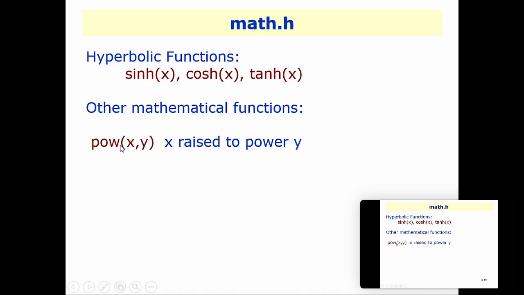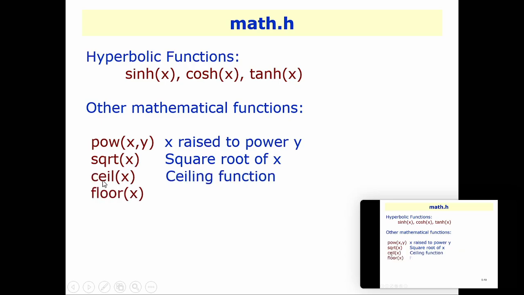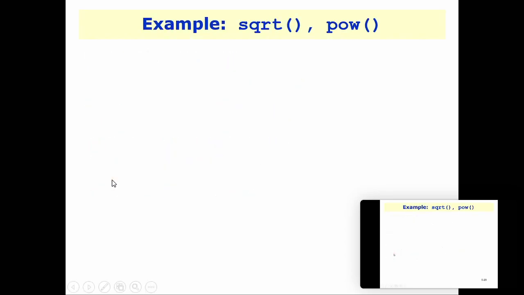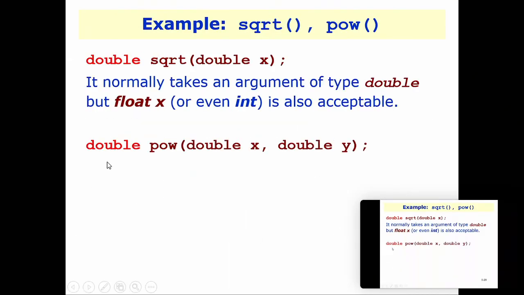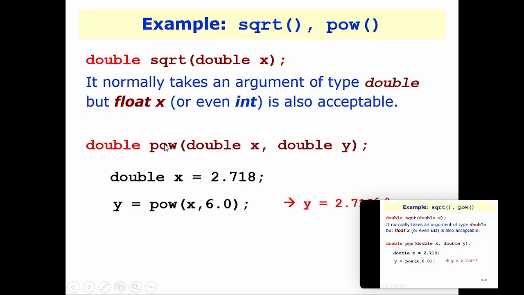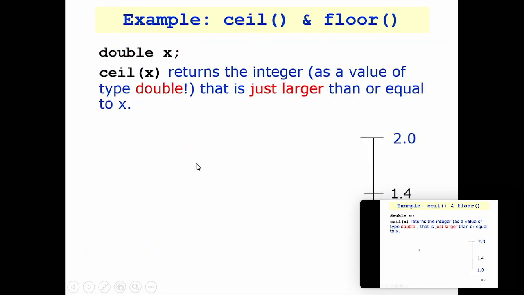Power, as I introduced, requires two inputs. sqrt, square root. ceil and floor. I think I can skip the example of sqrt and power. pow is quite straightforward. And then let me talk about ceil and floor.